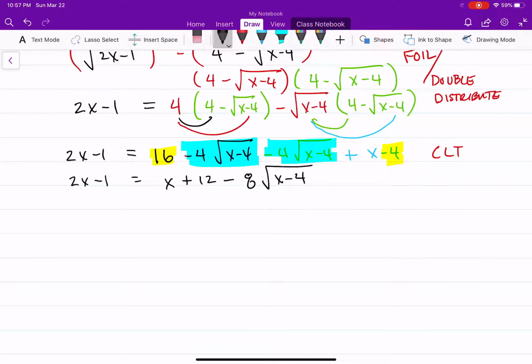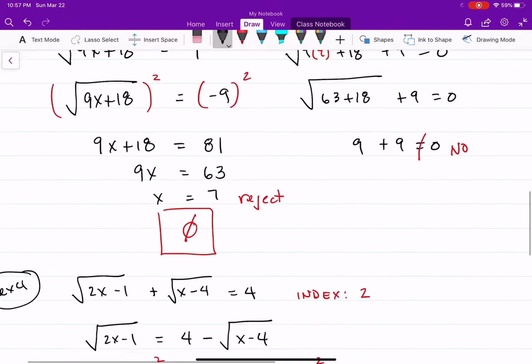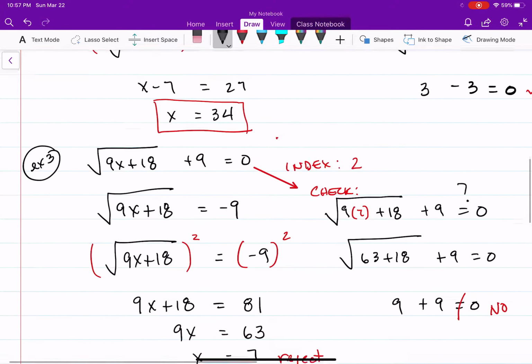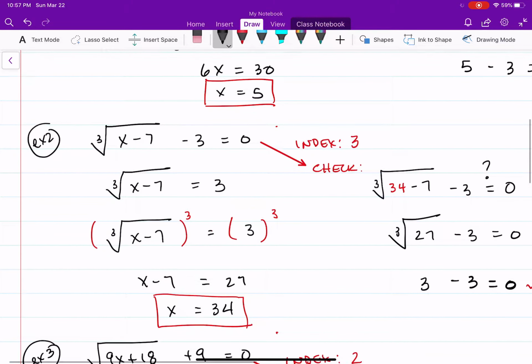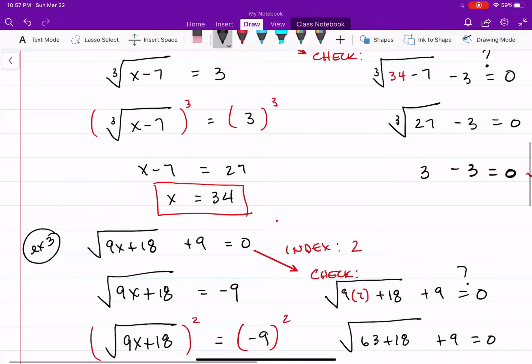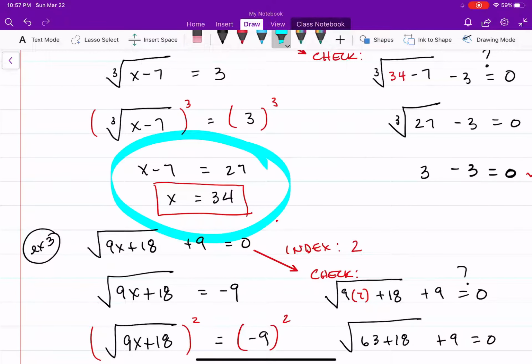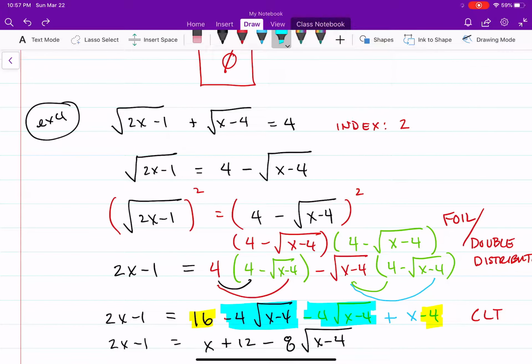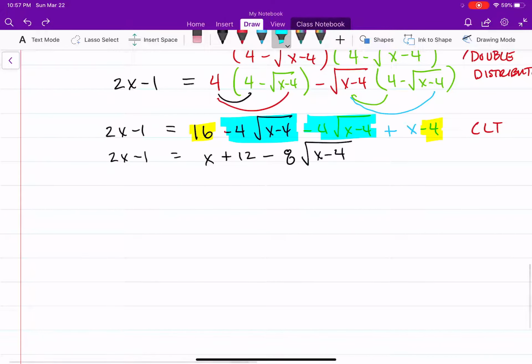Okay, so here is where it comes into play. I still have a radical. If you notice in the previous examples, every time I got the radical by itself, the next step, after I raise each side by the index, what happens? The radical goes away and I start solving just an equation that has no radicals in it, right? So over here, I still have a radical, so I'm going to do the same thing again.